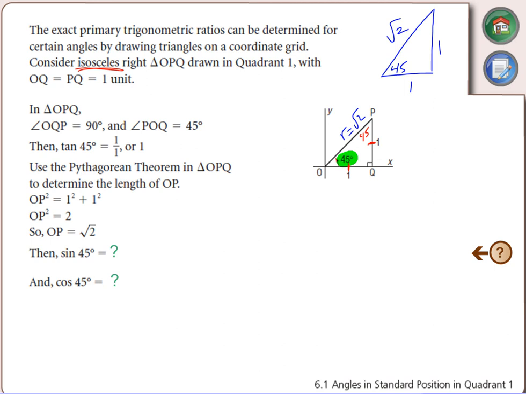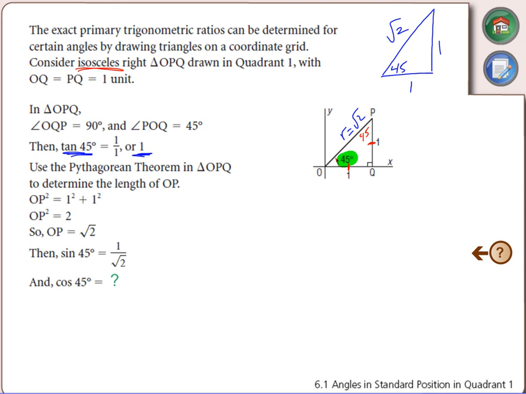Now we can do the exact values of 45 degrees. So the exact value of tan of 45, not in a decimal form, is equal to 1. Sine of 45 is equal to 1 over the square root of 2, the opposite over the hypotenuse.